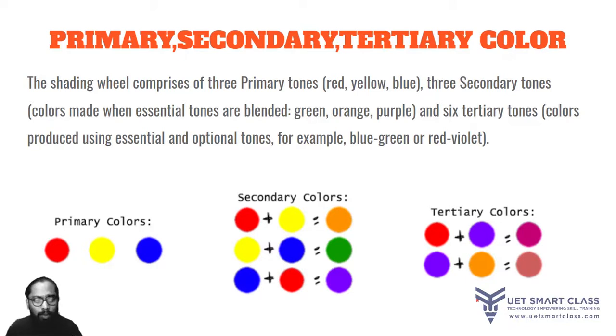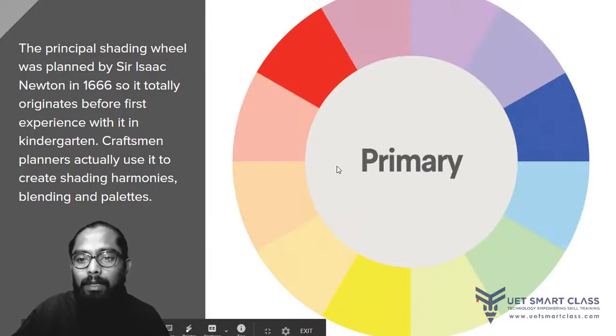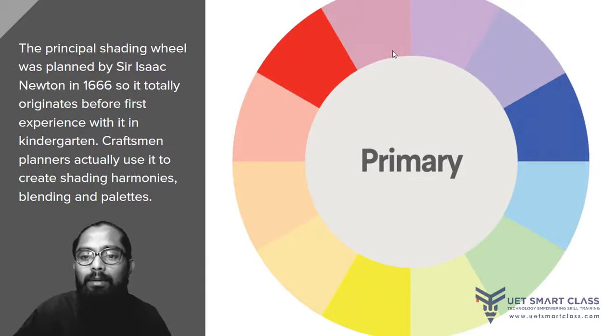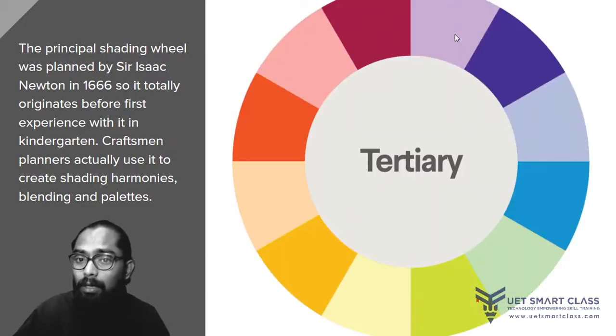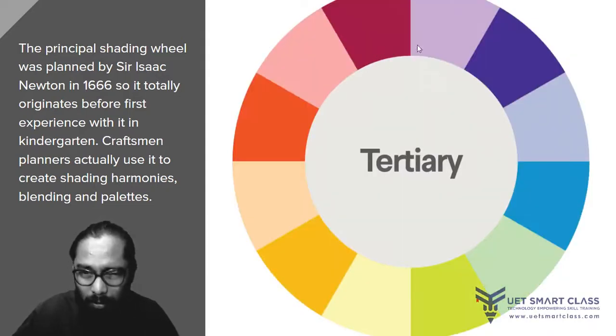And the 6 tertiary colors are produced by mixing a primary and a secondary color, for example blue green or red violet, the middle tone between the colors. If you look at my previous slide, you can understand. If red is a primary color and violet is a secondary color, then in between red and violet is my tertiary color. So it's not too tough.